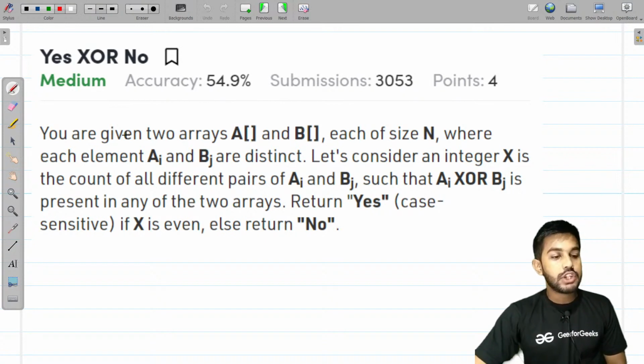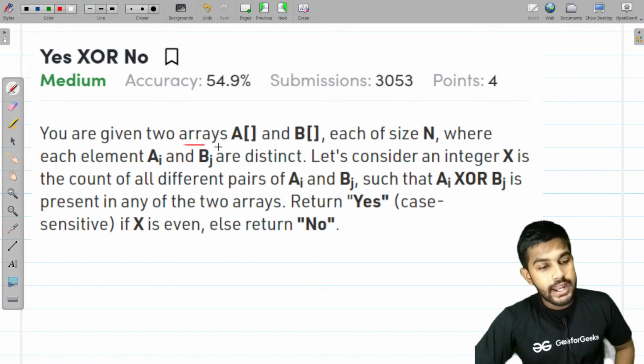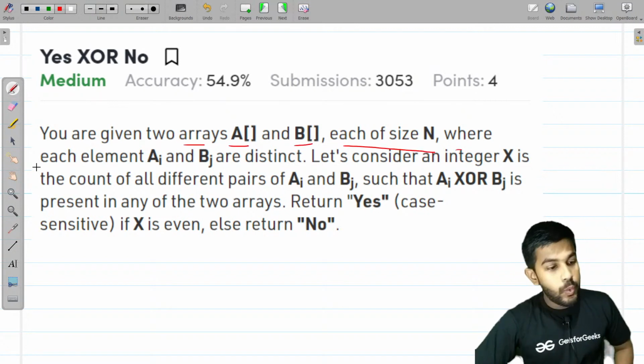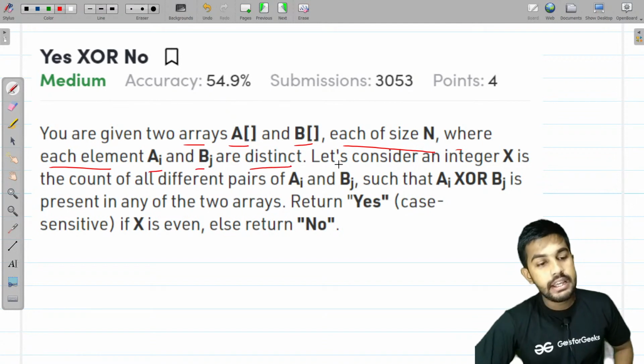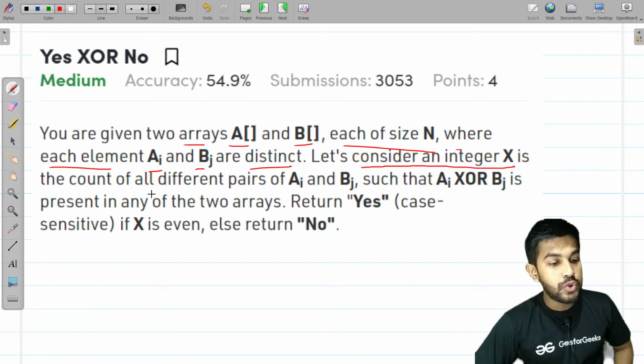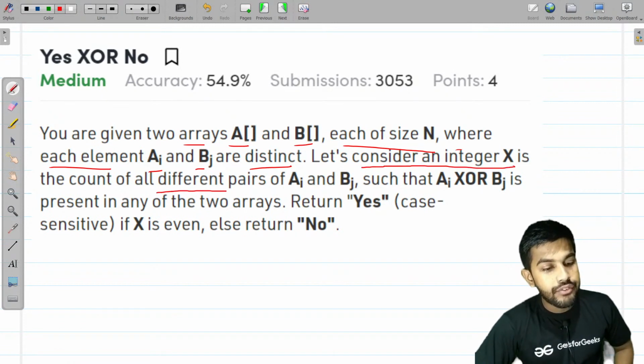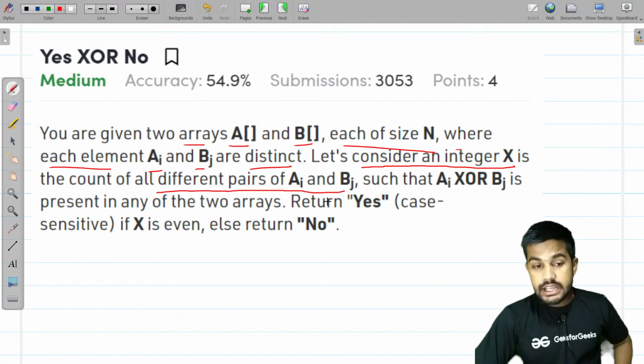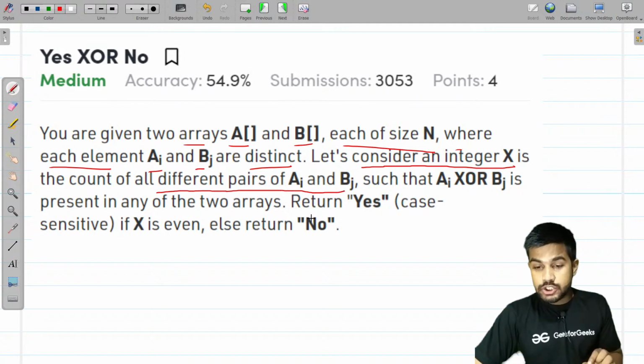Okay, so let's start. We are given two arrays A and B, each of size n, where each element ai and bj are distinct. Let's consider an integer x, the count of all different pairs of ai and bj such that the XOR of ai and bj is present in any of the two arrays.